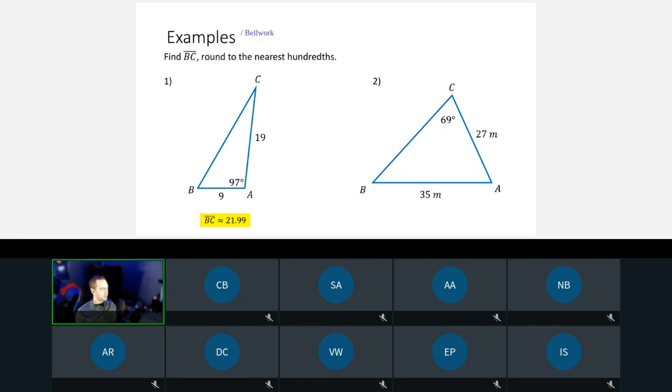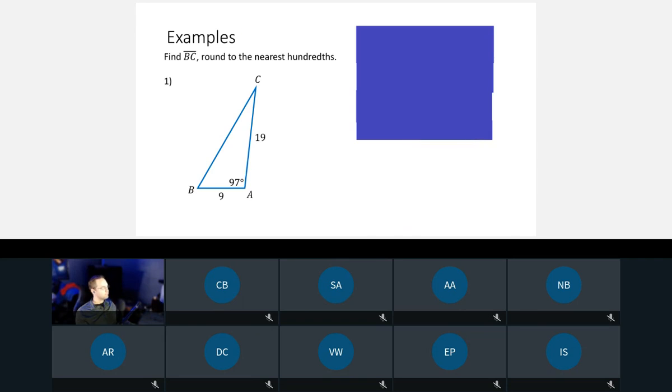All right, so let's look at number 1. So in chat, what did you guys use to solve number 1? Law of sines or law of cosines? Law of cosines. I think I agree with that.